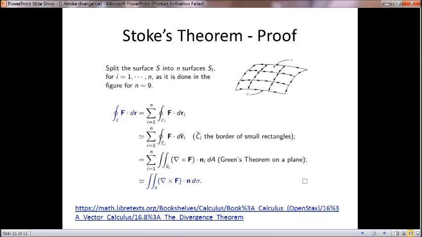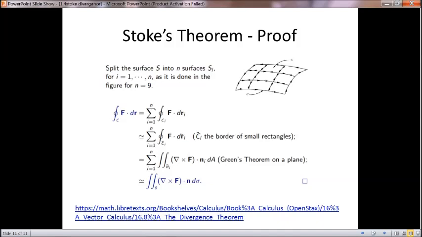It should be equated as summation of i equal to 1 to n, surface integral of, these are all rotational and repetitive in nature, and so the surface integral of del cross F. We are applying here a rotational effect over the surface. So del cross F dot n cap in the normal direction, and so n cap ni into dA. This has been again written as the surface integral of del cross F dot n into dS.